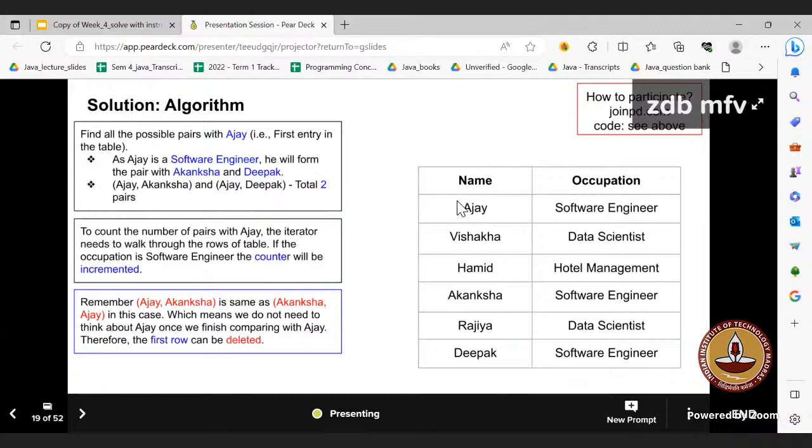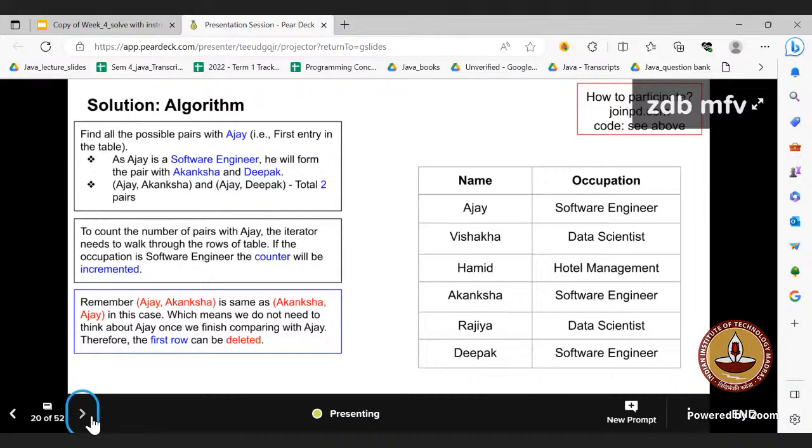So after fixing Ajay and iterating through, comparing with each and every other employee, you can just discard this row, and then you can fix Vishaka and check this with the remaining rows. Because if we get Ajay Akanksha as a pair, then we need not worry about Akanksha and Ajay, because those are the same pairs, right?